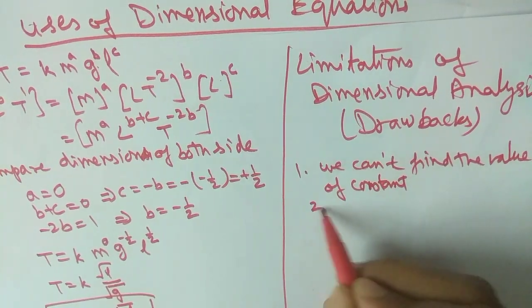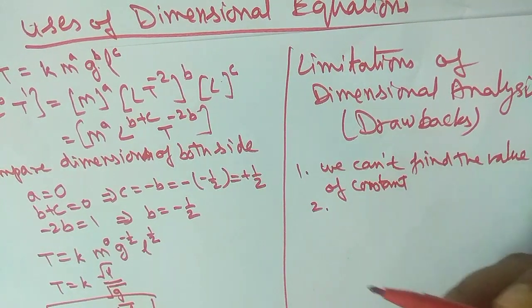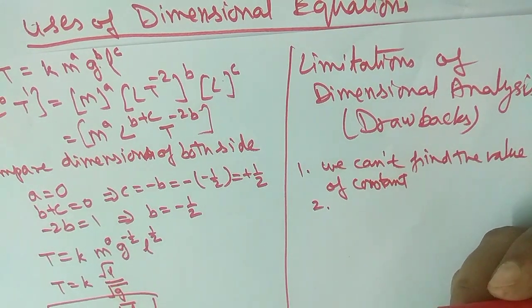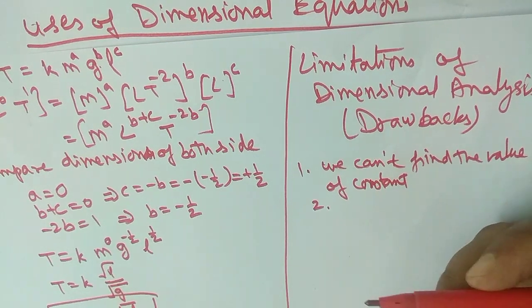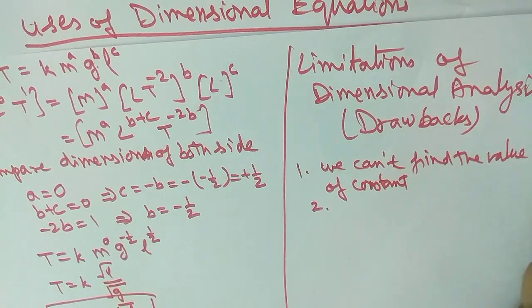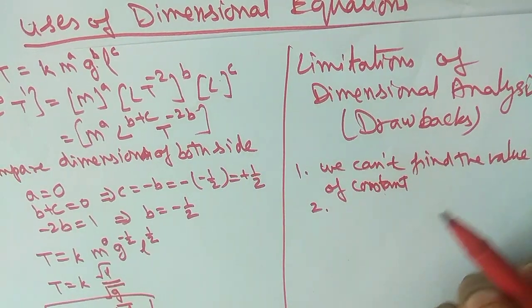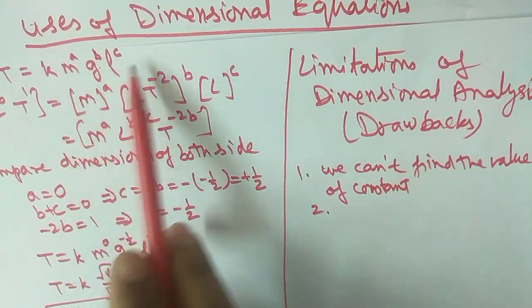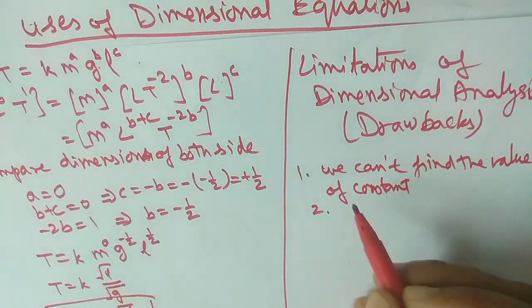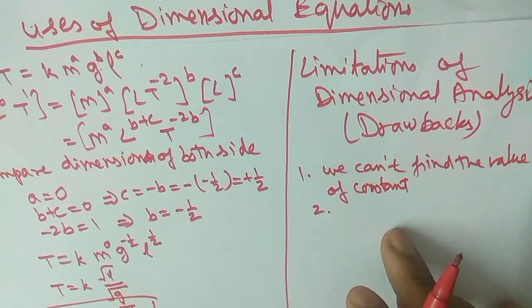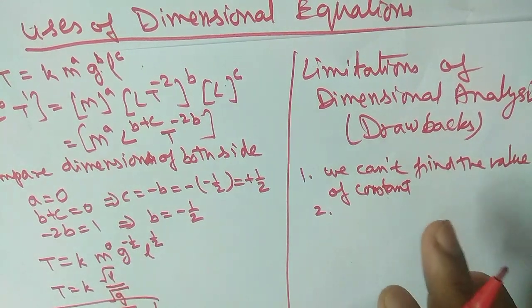And the second: if a physical quantity depends on more than three factors, then you can't establish the relation, because we have only three, M, L, T. So more than M, L, T you can't find. We can establish a formula only for a maximum of three physical quantities.